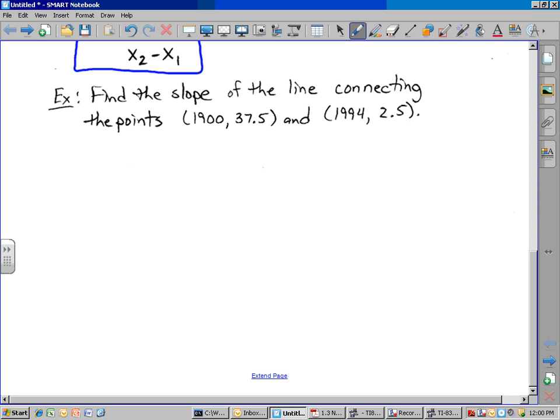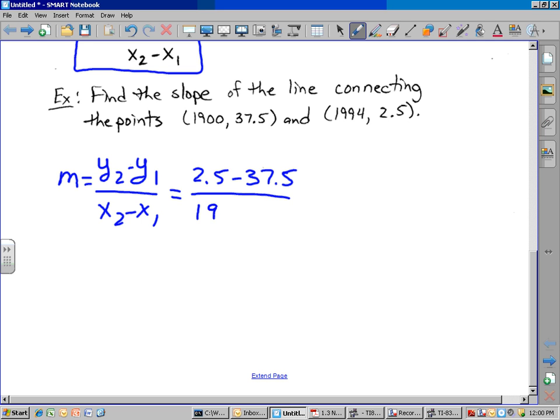So let's plug them in. M equals y sub 2 minus y sub 1 over x sub 2 minus x sub 1. What's going to go where? Good. It would be 2.5 minus 37.5 over 1994 minus 1900. Yep, that's fine. Could I write it this way?